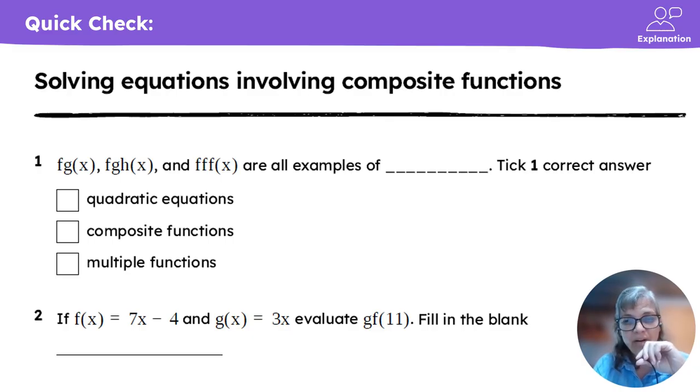You get to take one correct answer there. And then the second one gives you 2 different functions, and then it asks you what would be gf of 11. So this is a little bit of a challenge, but pause the video and see if you can come up with an answer. When you're ready, your teacher can start the video again. So pause it here.